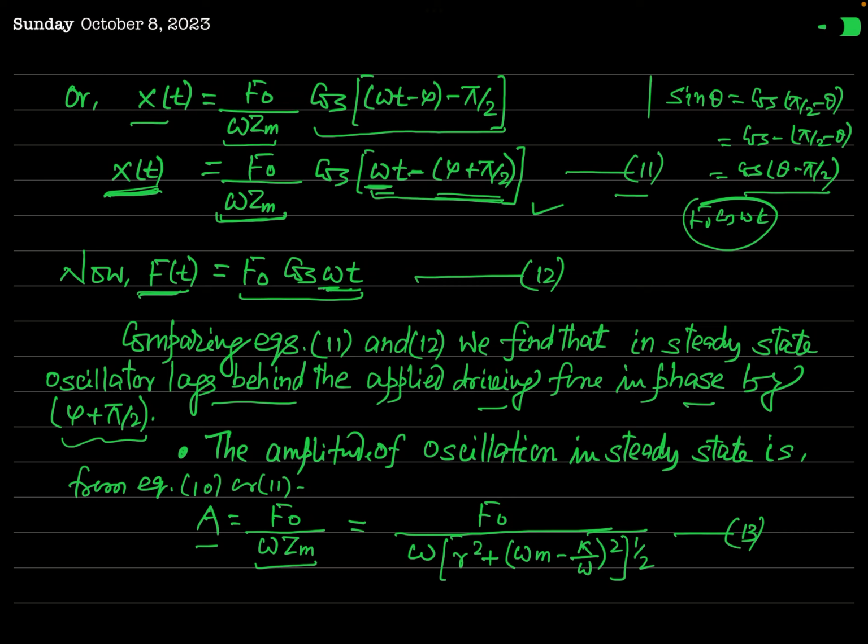But you have seen that Zm, which is the modulus of the complex mechanical impedance, is given by the square root of r square plus omega m minus k by omega whole square. So A in this case is given by f naught divided by omega times the square root of r square plus omega m minus k by omega whole square.